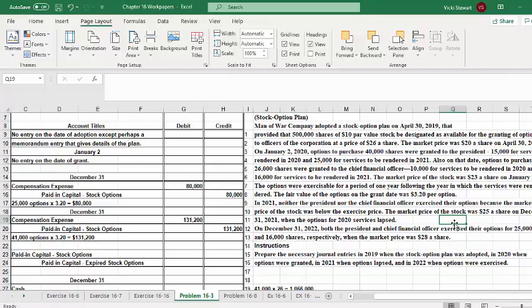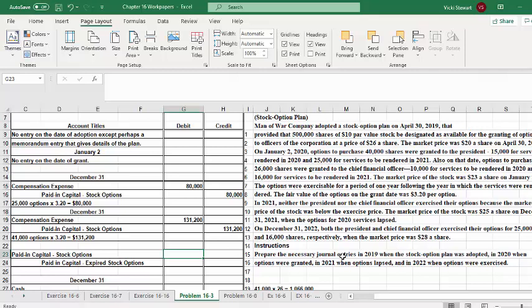The problem states that in 2021, neither the president nor the chief financial officer exercised their options because the market price of the stock was below the exercise price. At that time, the market price was $25 a share, so it made no sense to exercise them because the exercise price is $26 a share. So those options lapsed because they weren't exercised before they expired.